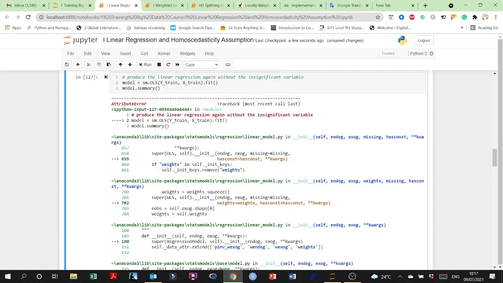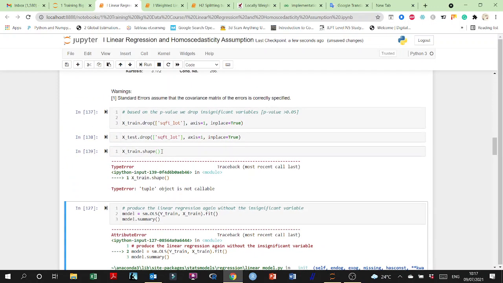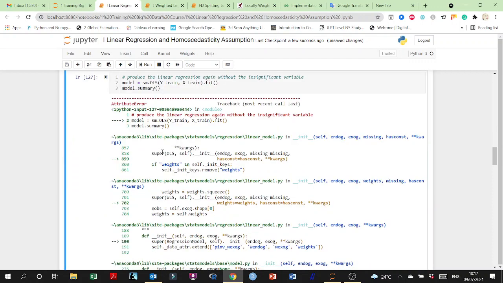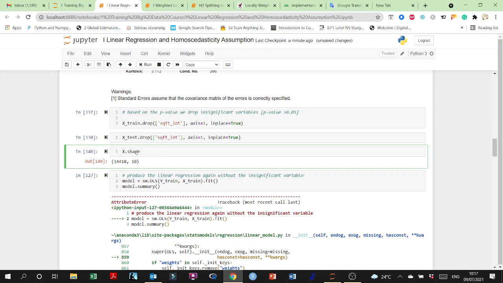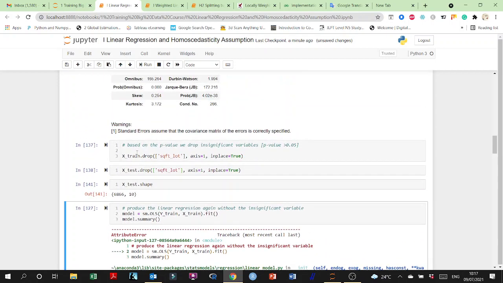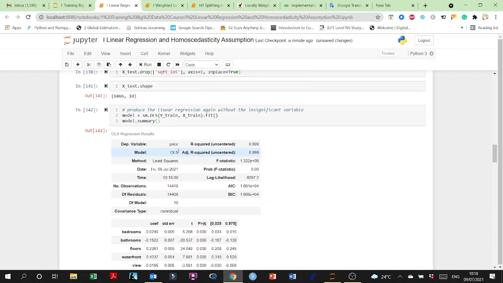So x train.shape. Perfect, now it's solved. Little things do matter. I just mistook columns for one, so please be careful when you write the code.